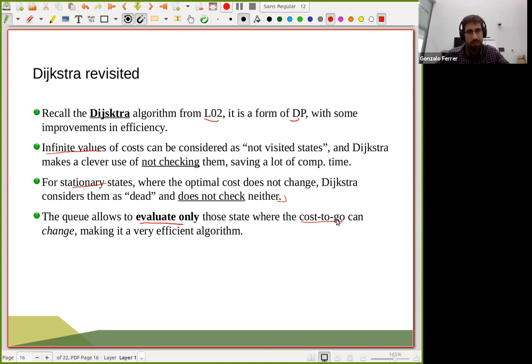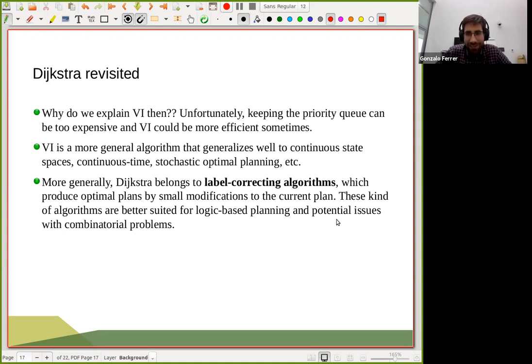While value iteration is evaluating all states. So in this sense, yes, we have more information, but maybe you can just keep calculating Dijkstra for all values and still get those values. Then why are we using value iteration? Why am I talking about value iteration at all, if Dijkstra is so good and so efficient?